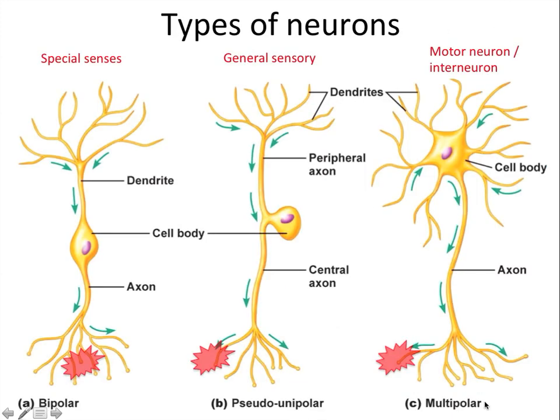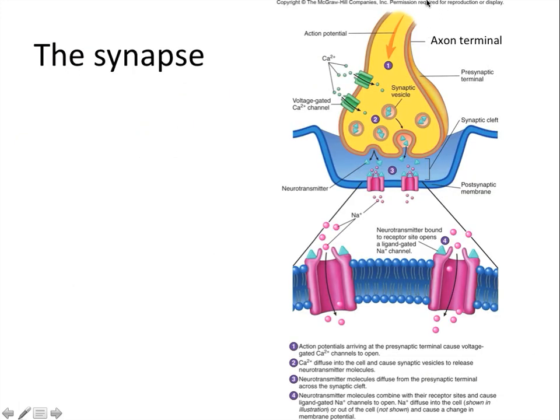So that's just a big version of what we've been seeing here, these synaptic boutons. What will happen is an action potential will arrive at the axon terminal, and we have these calcium channels here, and these calcium channels are voltage gated.